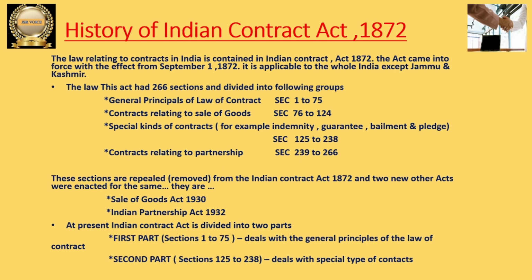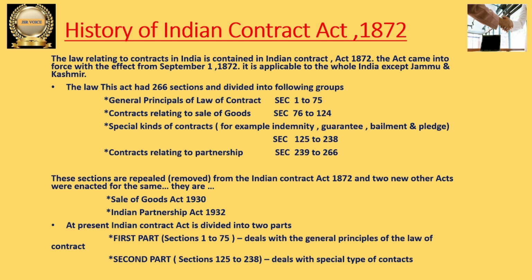and these sections are divided into some groups. The first one is General Principles of Law of Contract, which has sections 1 to 75.